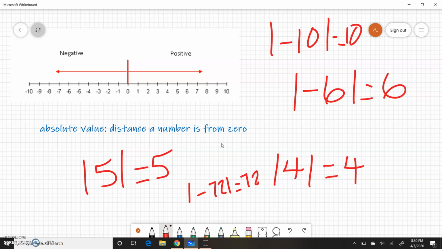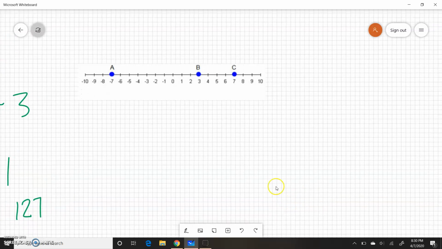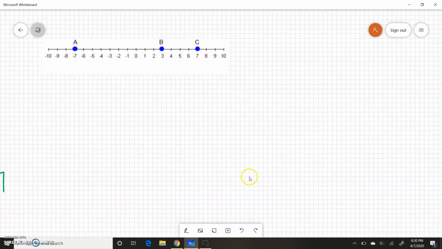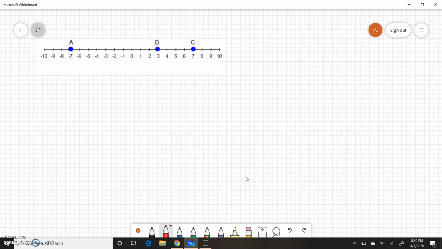So let's look at the kind of questions you're going to be given today. You're going to be given a number line like this, and it will say, write the integer for each point, then give the opposite and the absolute value.